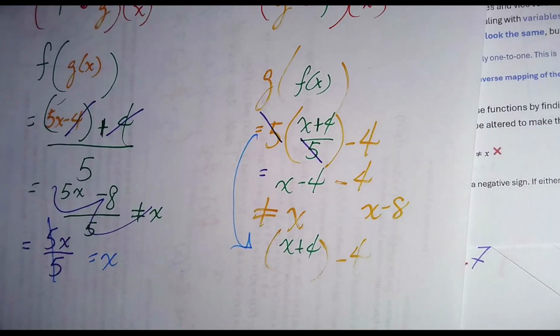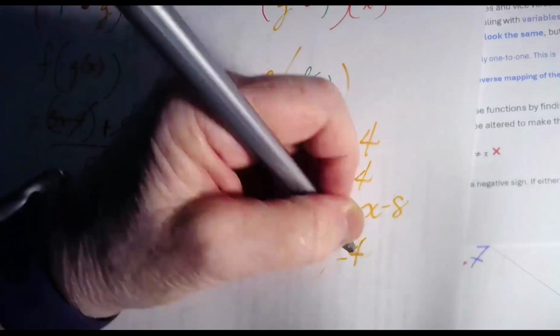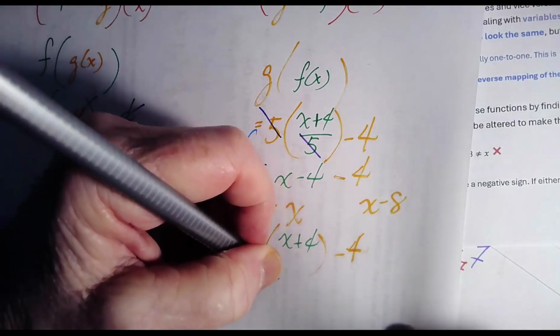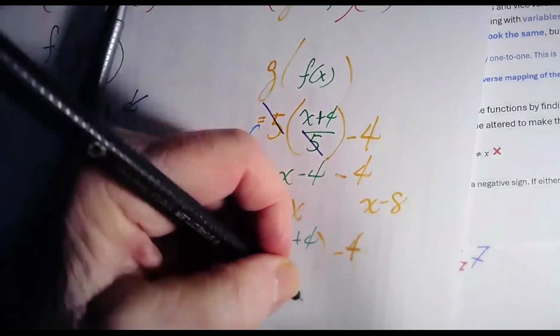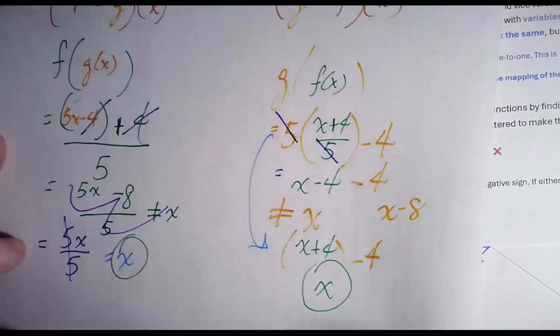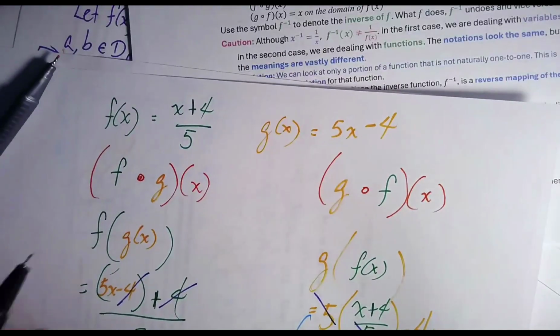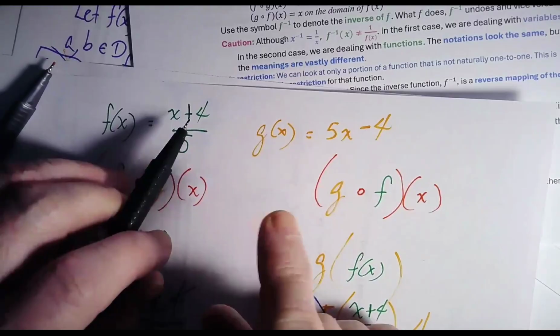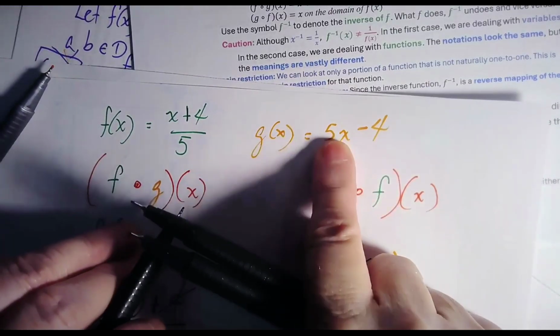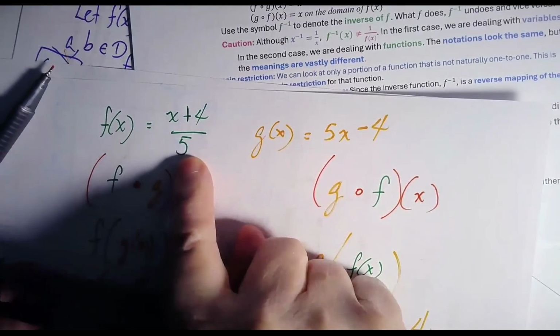And what do the 4s do? Cancel out. That's right. So we're left with x. So here we're adding 4, here we're subtracting 4. Here we're multiplying by 5. Here we're dividing by 5.